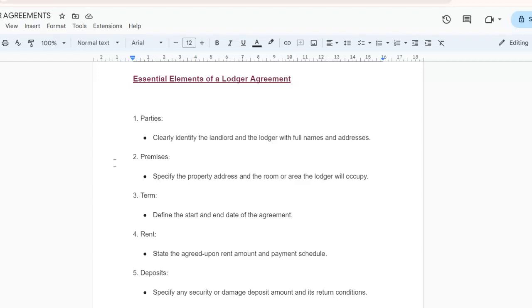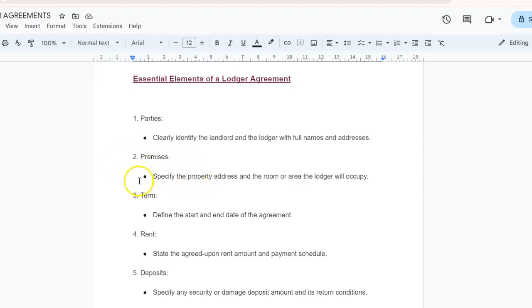So it's a specific room or specific section. So it's very important to clearly define the specific room or area that the lodger will occupy. You also need to specify any areas of the property that the lodger is not allowed to access. And you need to indicate whether the room comes furnished or unfurnished.